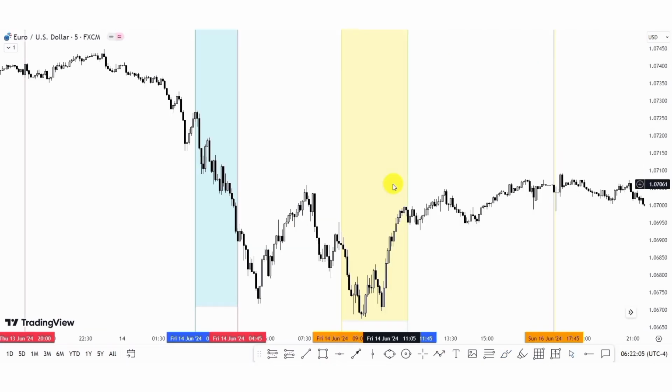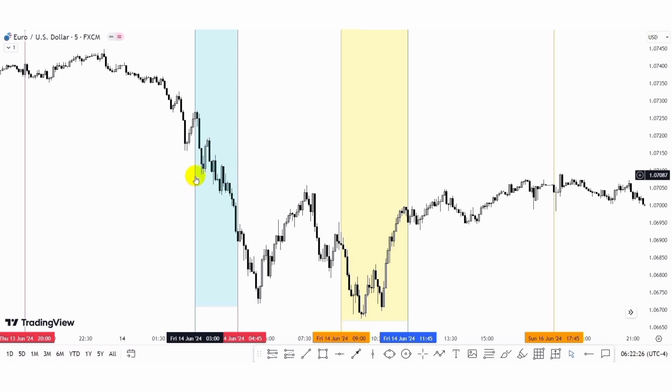So guys, here in the chart, you're going to actually see that we have our trading sessions identified here. You can see from this particular red line to this red line is where we have the Asian session. And then from this particular blue line to the red line is where we have the Asian and the London session overlap.